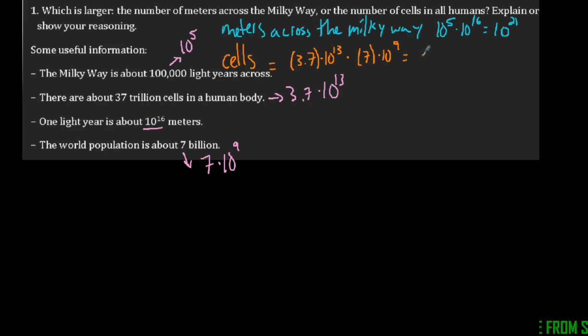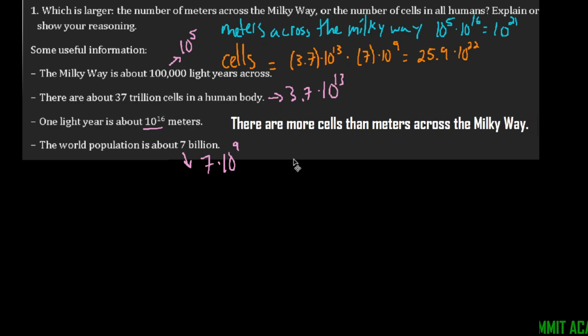So it's going to be 25.9 times 10 to the 22nd power. And what we can say in conclusion then is that there are going to be more cells than meters across the Milky Way, which is a large distance.